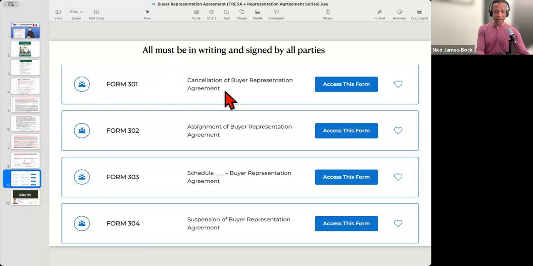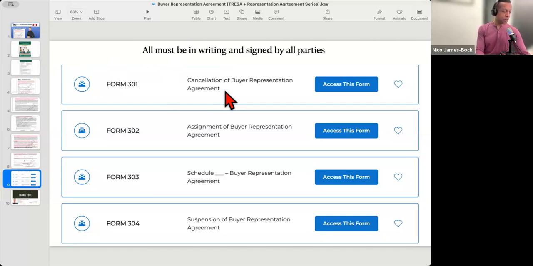Form 301 is the cancellation of a buyer representation agreement. Form 302 is the assignment of a buyer representation agreement. There's also Form 304, which is the suspension of a buyer representation agreement.